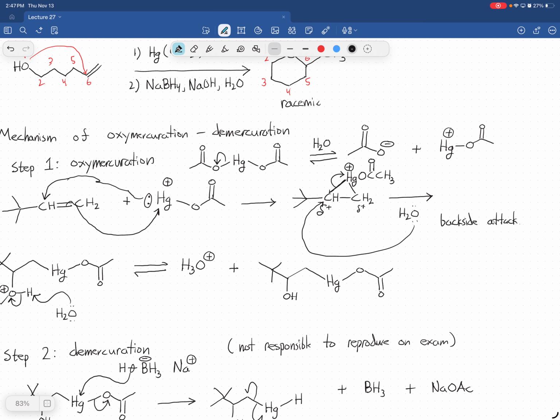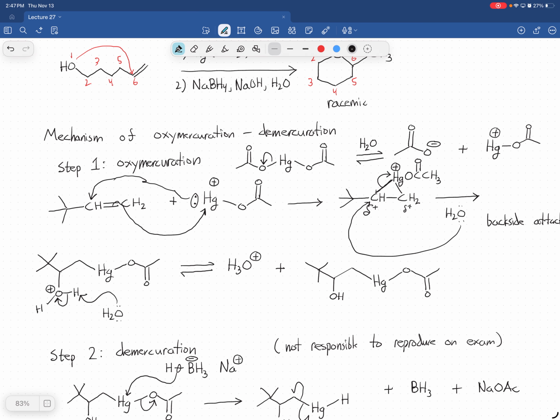But what can you do with the mercury? Which sides can it attack from? If we look at this step, right here, the alkene is planar, so the mercury can come from which side? Either side. So you still get a racemic mixture.